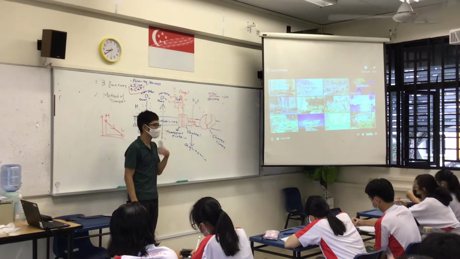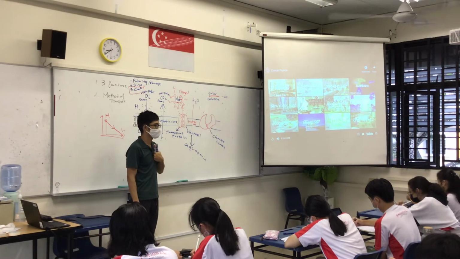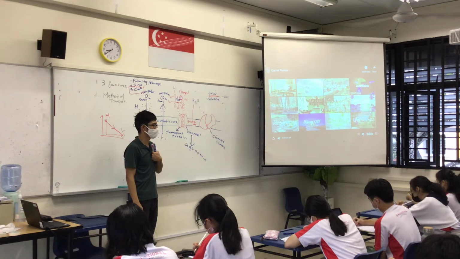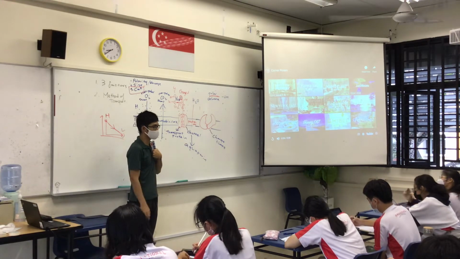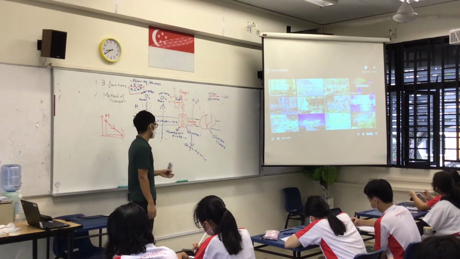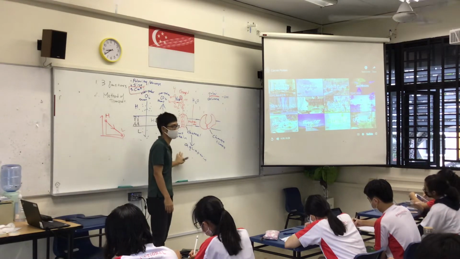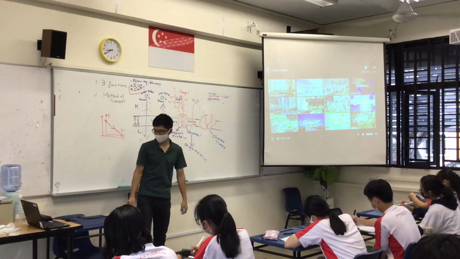Usually, unless we tell you exactly what kind of membrane protein it is, you don't have to specify. You can just say simple diffusion or facilitated diffusion and so on.